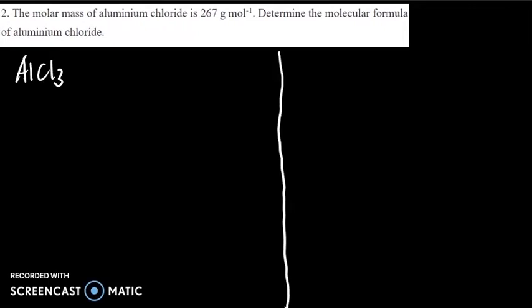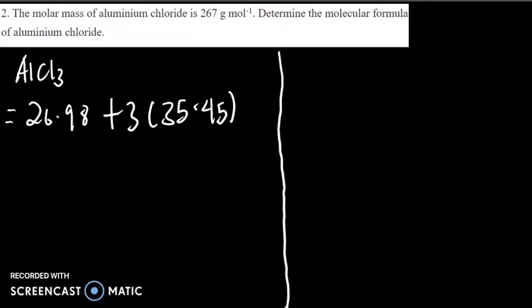We need to find the molar mass of the empirical formula before we can find the molecular formula. For aluminum, we know the relative atomic mass, or molar mass, is 26.98, plus 3 times 35.45, which is for chlorine, and 3 because the subscript is 3 here.